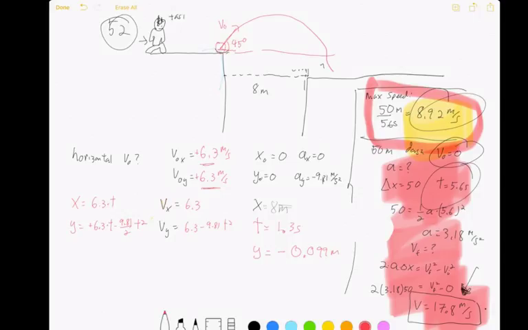So the question, I'm not quite sure what kind of answer they were looking for. The question is, can he make a leap when moving at full speed? And the question is, well, what do we mean by full speed?